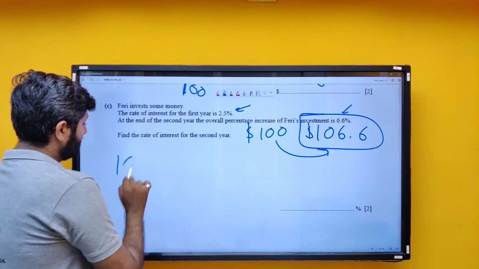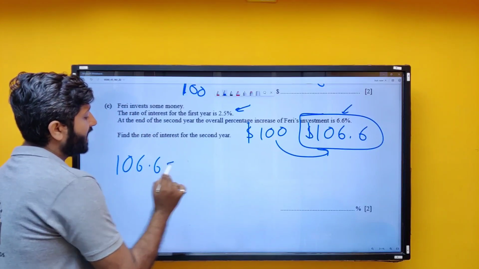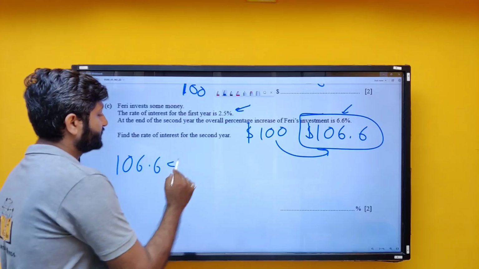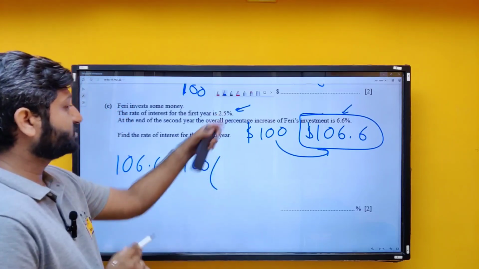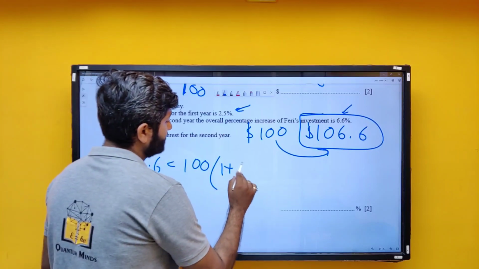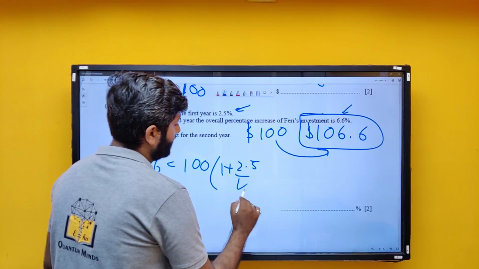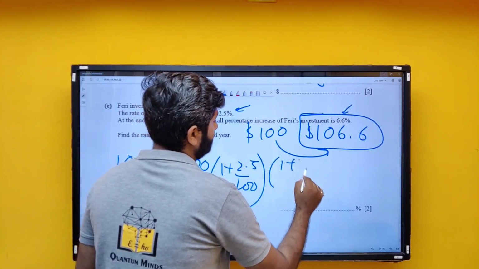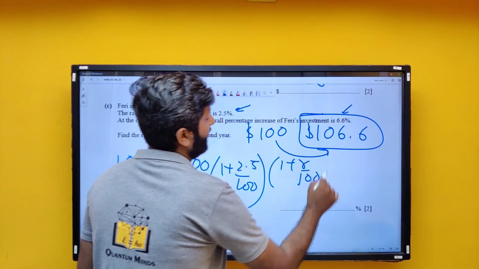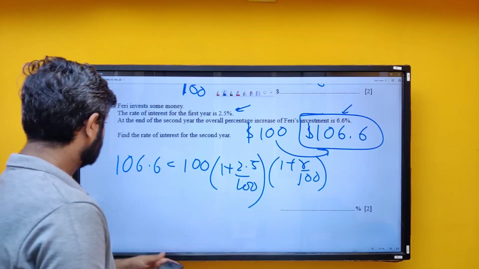Now, how am I getting 106.6? First I have the principal, which is 100. Now the first year interest is 2.5%, so 1 plus 2.5 upon 100. In the second year it is R%. I'll have to use the formula of compound interest.